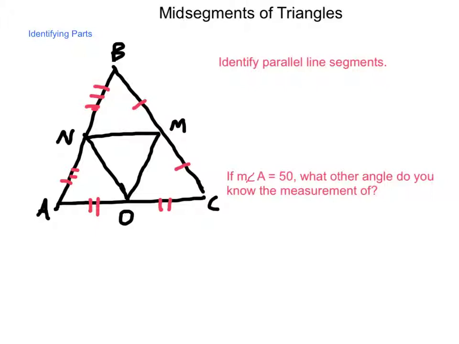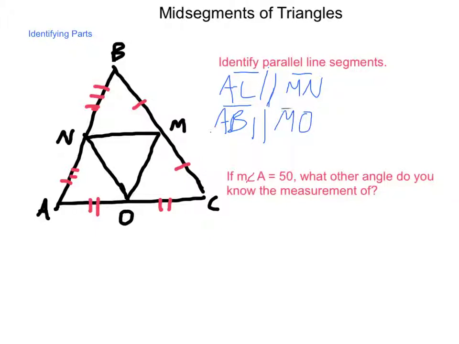So I know that AC is parallel to the line segment constructed from the other two, which is MN. I also know that AB will be parallel to the segment connecting the opposite of the other two sides, which would be MO.